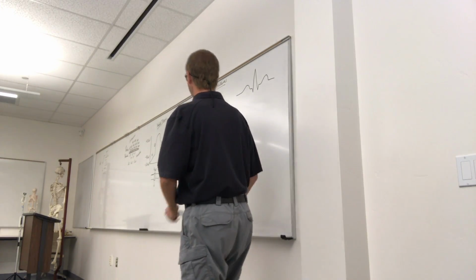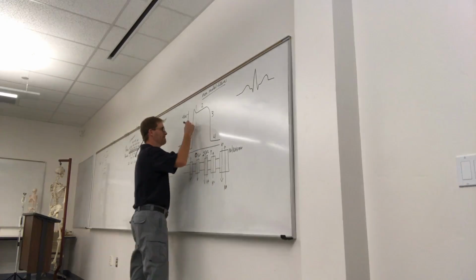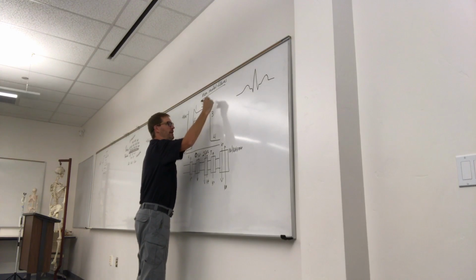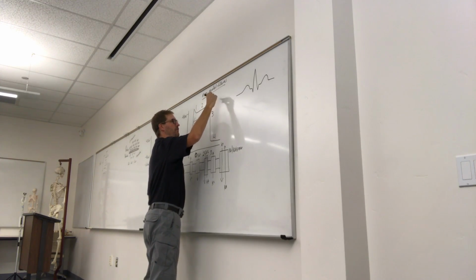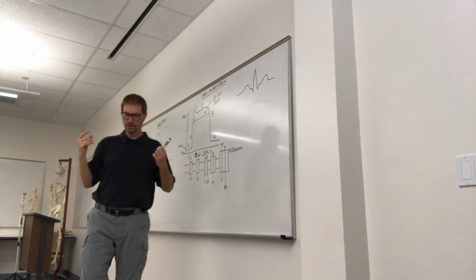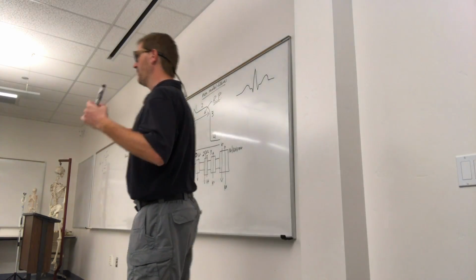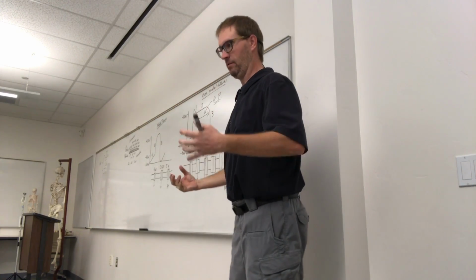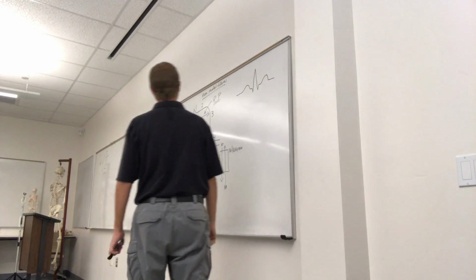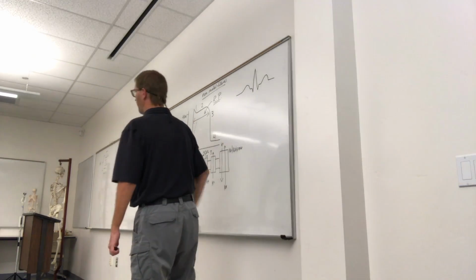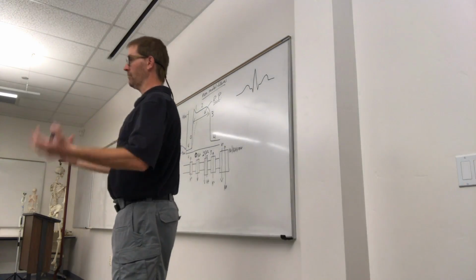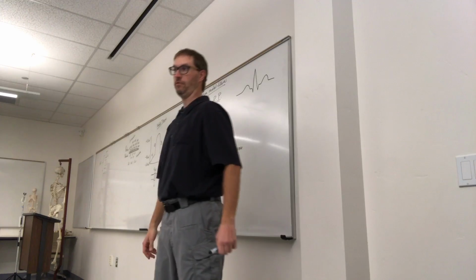And this distance here, from here to here, is known as the refractory period. The refractory period is a period of time in which the heart does not like to be stimulated to depolarize again. If you stimulate the heart during the refractory period, it may cause it to go into a lethal dysrhythmia like ventricular tachycardia or potentially ventricular fibrillation.